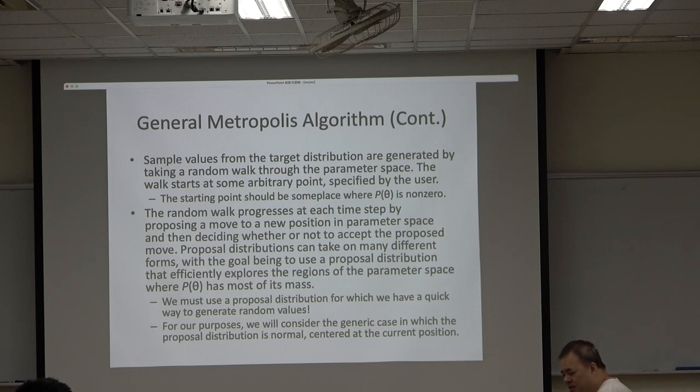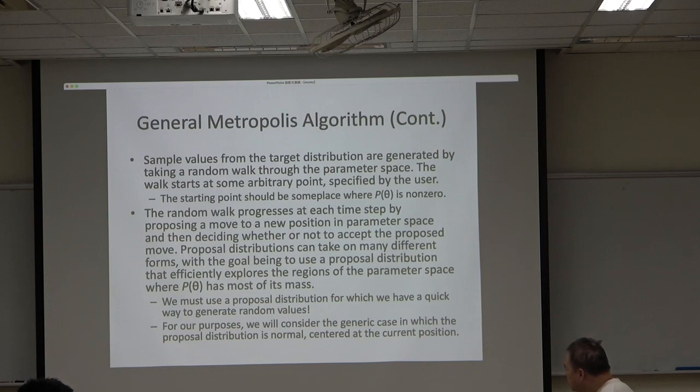So the proposal distribution can be different. In the discrete partition case, it's just left and right, with a 50-50% chance. That's so simple. But in a continuous high dimensional case, what do we do?